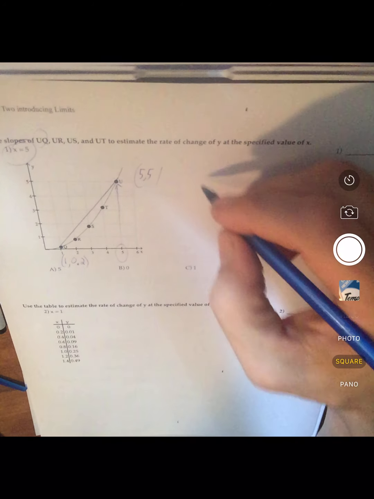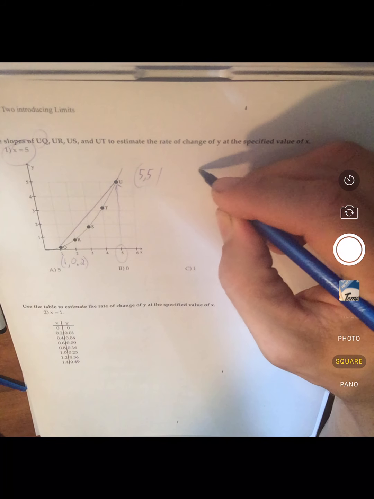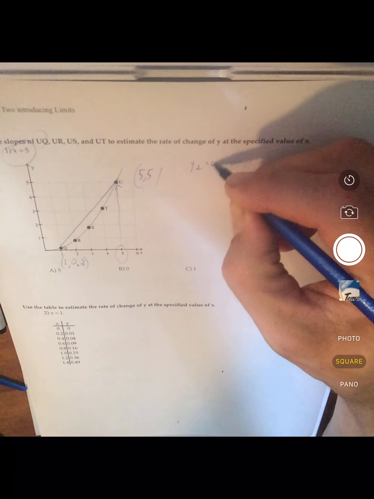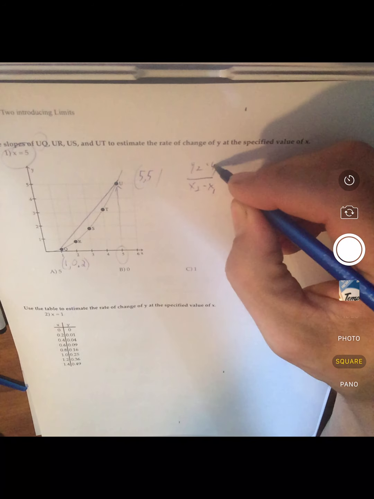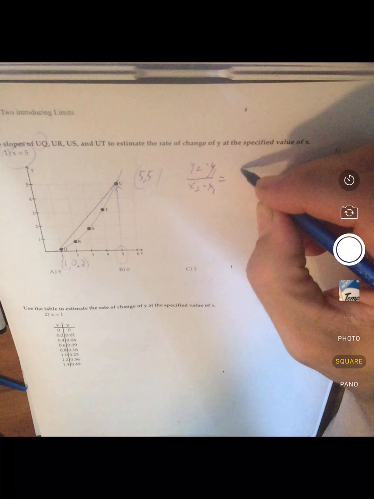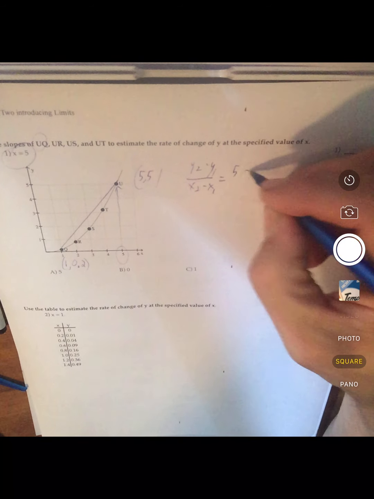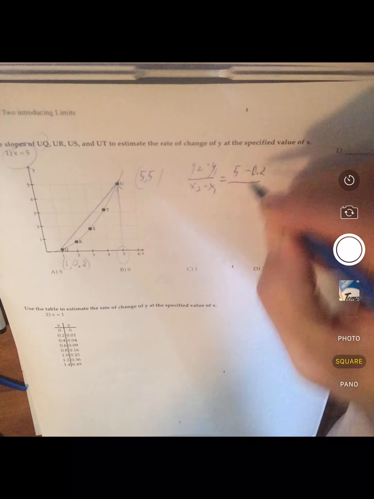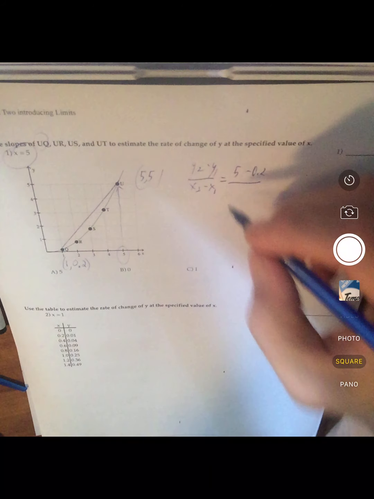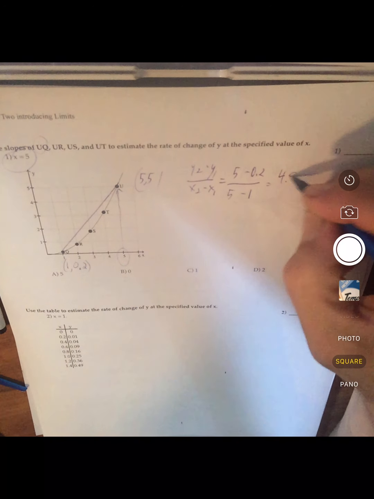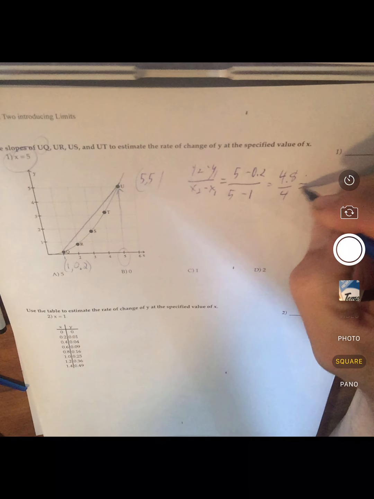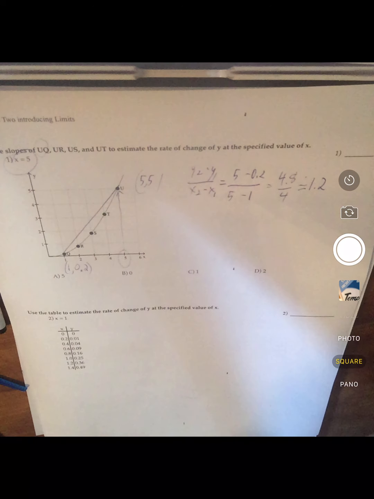We'll use those. Slope formula, of course, is y2 minus y1 over x2 minus x1. These are the function values or outputs. But that's 5 minus 0.2. And the x values, that's 5 minus 1. And so I got 4.8 over 4, or about 1.2 is the slope of that one.